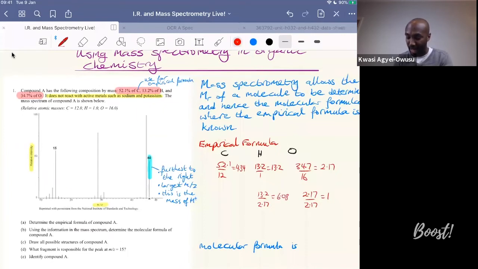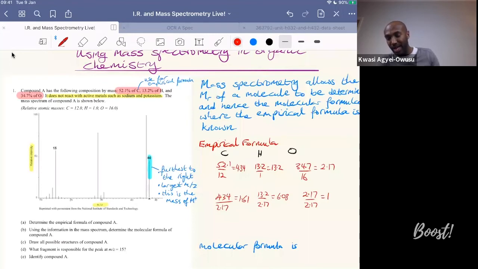And if we look at 4.34 divided by 2.17, that gives us 1.61. Okay, so we've got a ratio of 1.61 to 6.08 to 1.